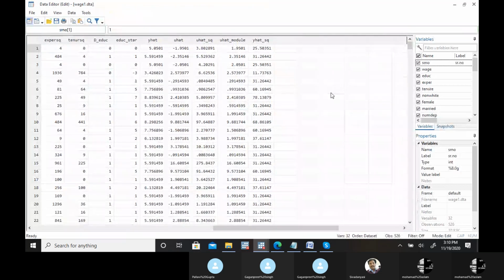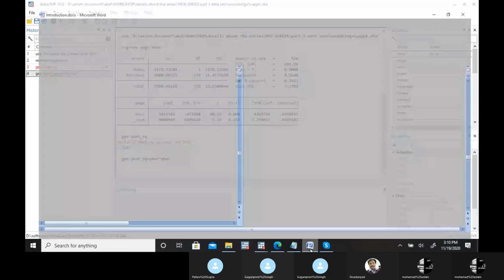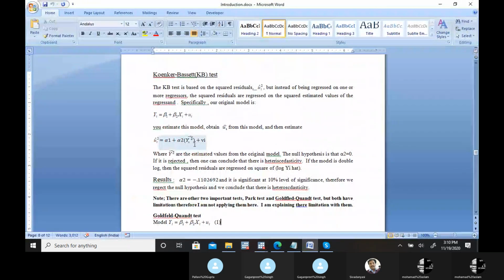We have here U hat square, then Y hat square. This is our next regression that we have to run to test whether they are associated. If they are associated, it means there is heteroscedasticity. If the coefficient of Y hat square is statistically significant, it means there is heteroscedasticity.